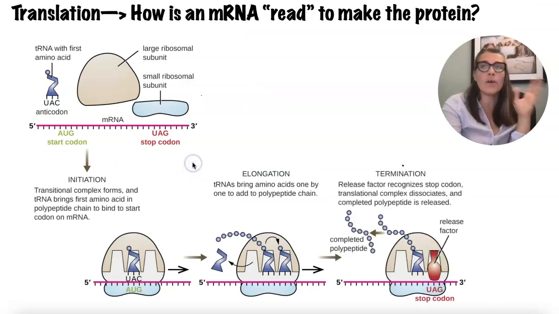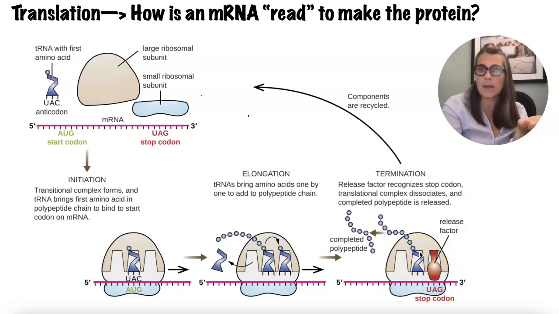Okay, so it keeps going, keeps doing this until you reach the stop codon UAG, and now you get no tRNA, you get a release factor. It says we are all done, there is no new amino acid. So when that comes, you actually get a signal where the polypeptide now gets released, and everything is then recycled, and we can restart again in case we need to, maybe for something else.